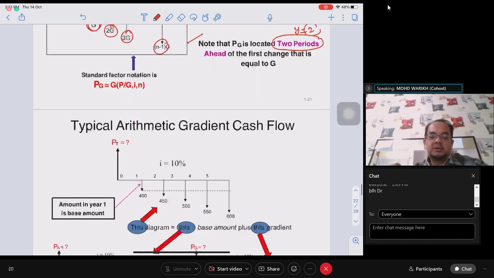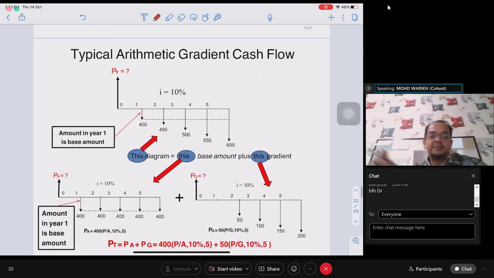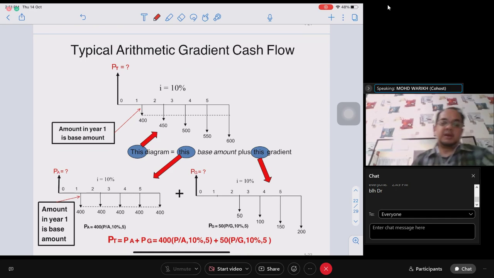So we go to the example here, a typical arithmetic gradient cash flow. At year 1 we start with 400 ringgit, and after year 1 we add an extra 50 ringgit. That means the gradient starts here. G is 50 ringgit.